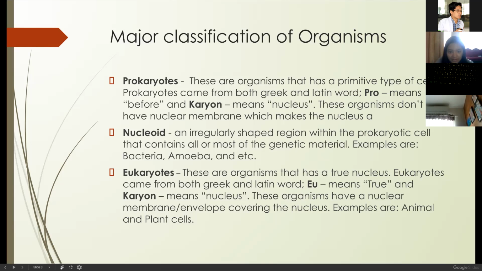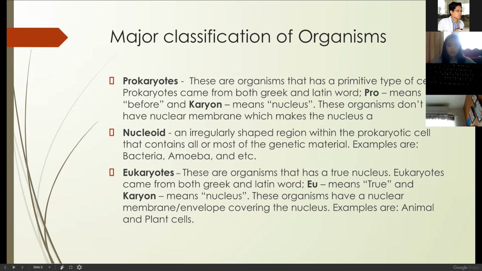Eukaryotes, these are organisms that have a true nucleus. When you say true nucleus, eukaryotes came from both Greek and Latin word eu. Eu means true. Okay? True and karyon means nucleus. They have a true nucleus. These organisms have a nuclear membrane or envelope covering the nucleus.